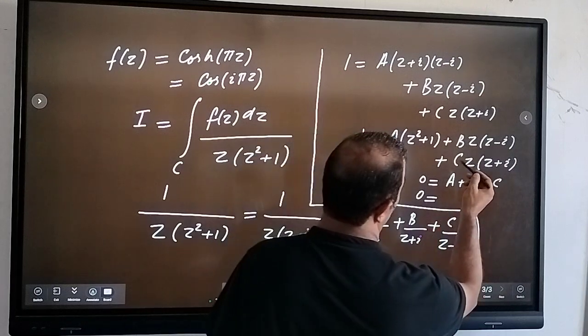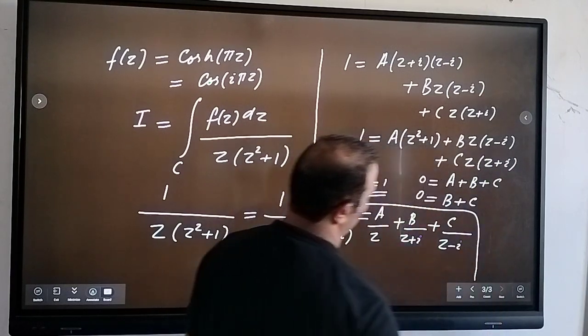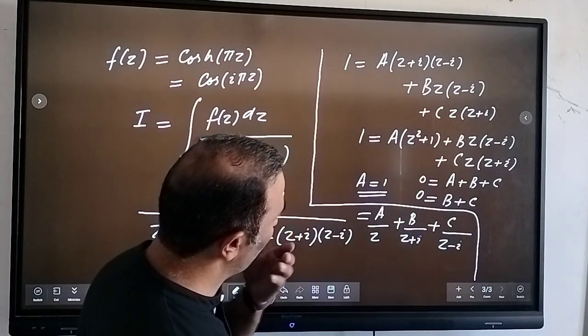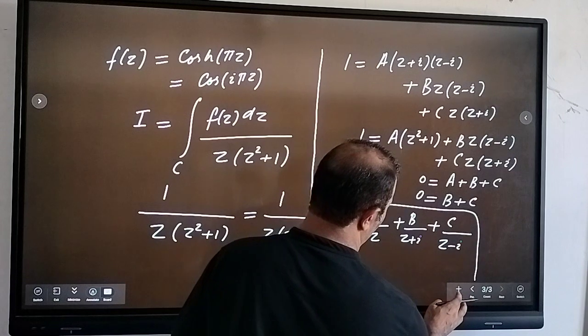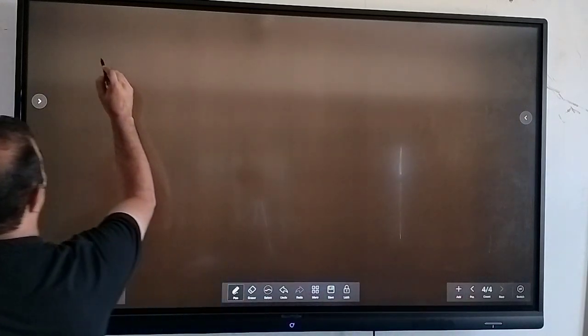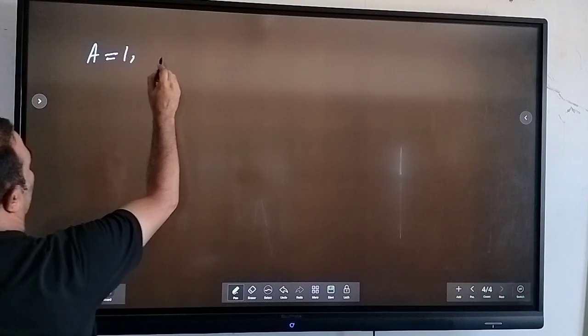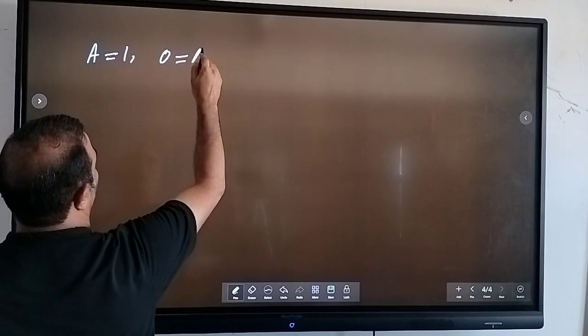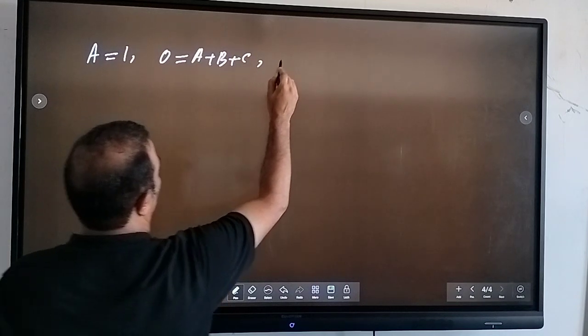So this will be b plus c, right? So that means b equals minus c and a equals 1. When I use this condition, a equals 1 and 0 equals b plus c.